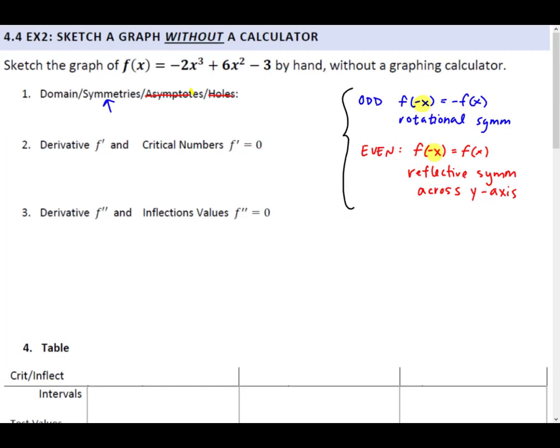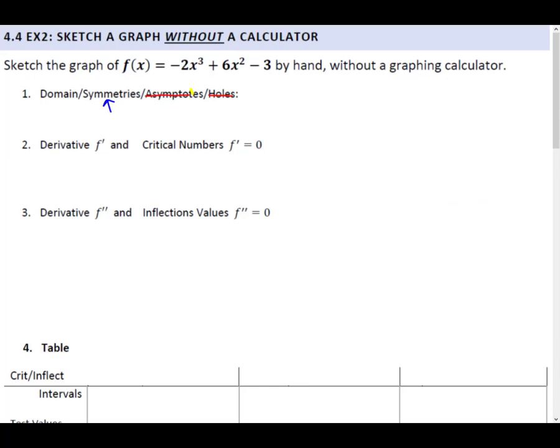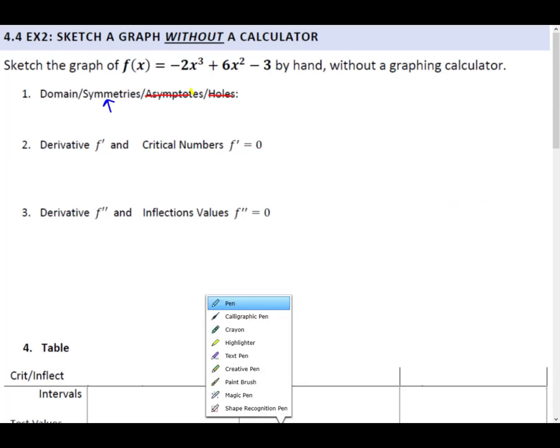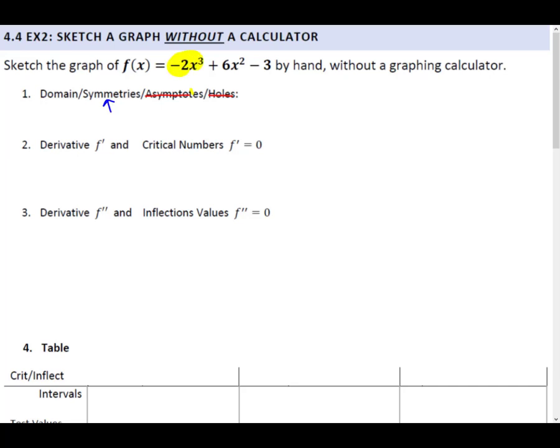Another thing, and it doesn't say this here on the screen, is there any information regarding the end behavior of this graph? By that, I mean we look at that leading term and we consider end behavior. It's an odd degree function, so we know it has opposite ends.